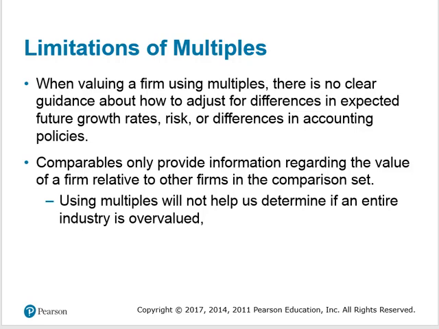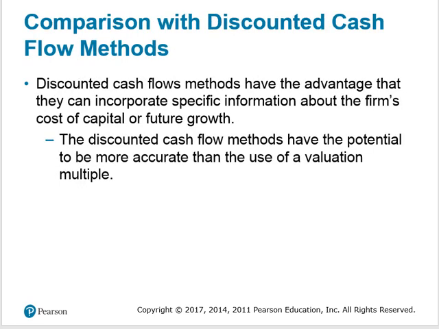So comparables only provide information regarding the value of a firm relative to some other firms in a comparison set. Using multiples will not help us determine if an entire industry is overvalued. It only relates to a specific company.